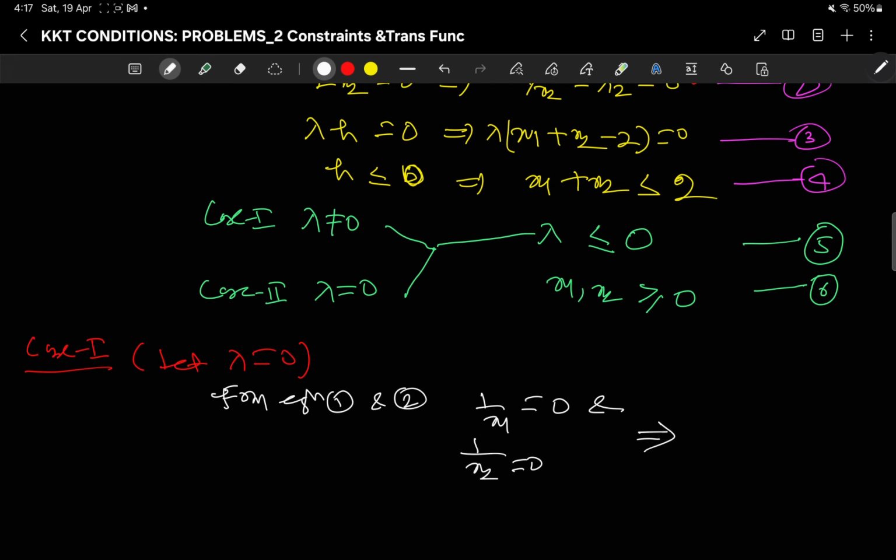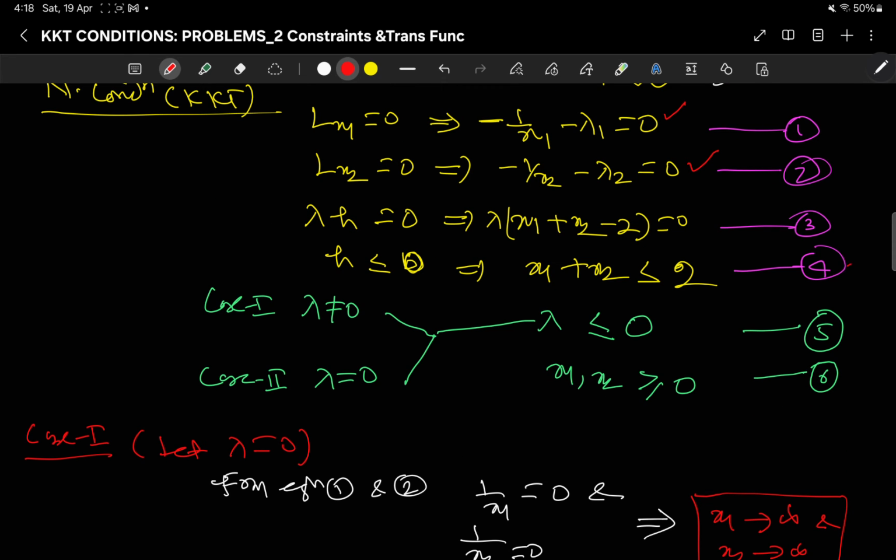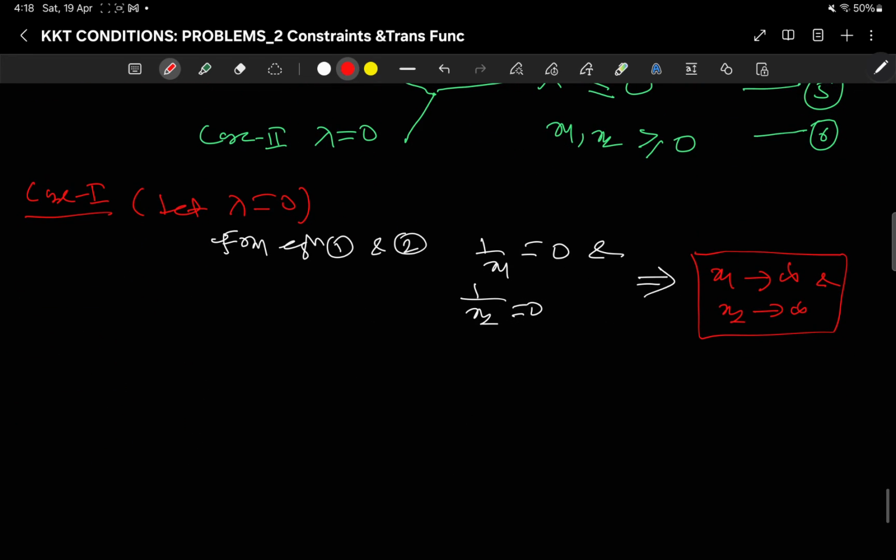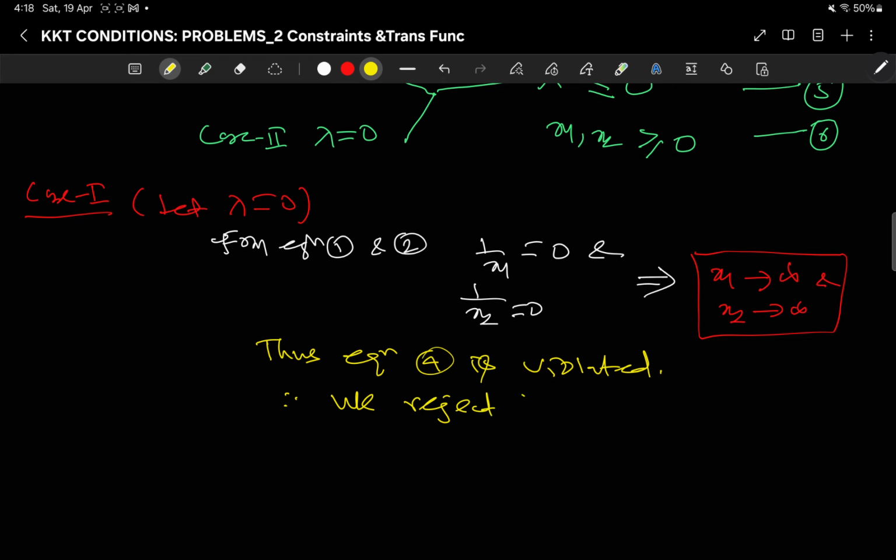So what does it mean? It means x1 tends to infinity and x2 tends to infinity. Now what happens to my condition 4? This condition 4 is violated. Therefore we reject this case.